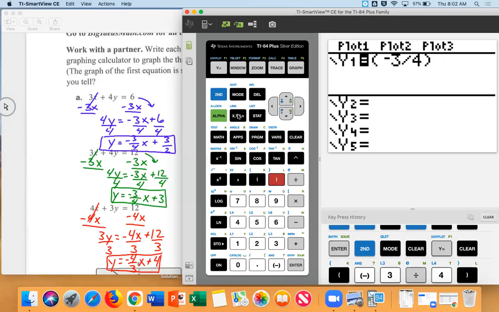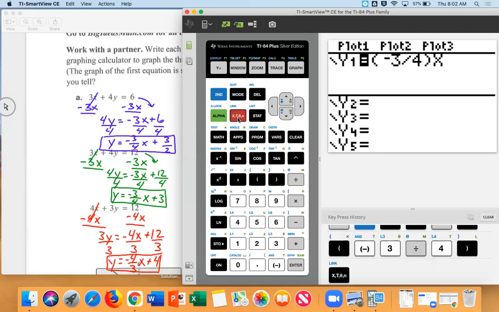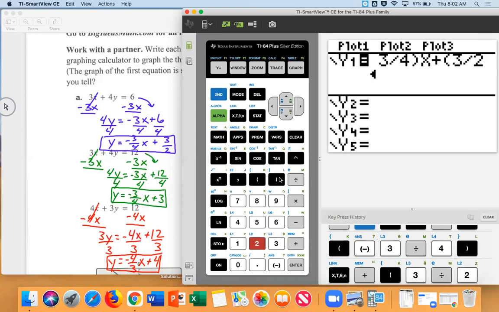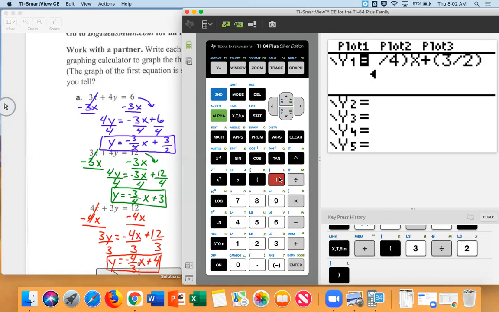X. Now this is x right here. Okay, I know there's other letters down here in blue, but this is the button you want to use. This is your variable button. So I hit x plus, and then I'm going to type in 3/2. So that's my first line. You okay with that, AJ?